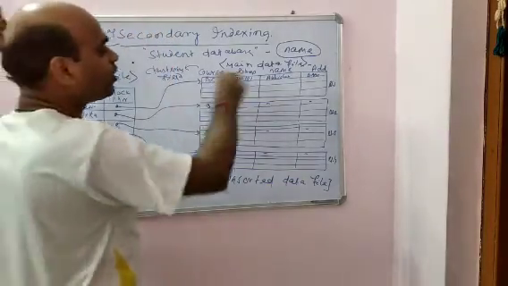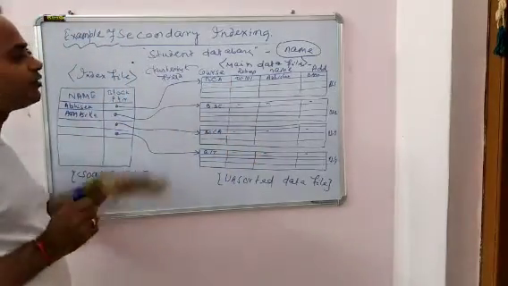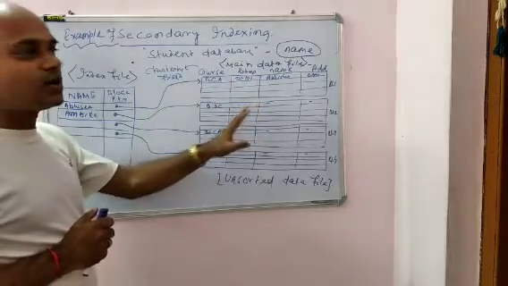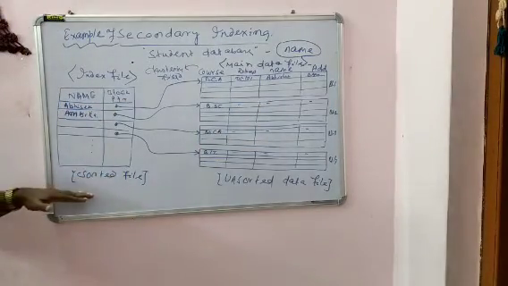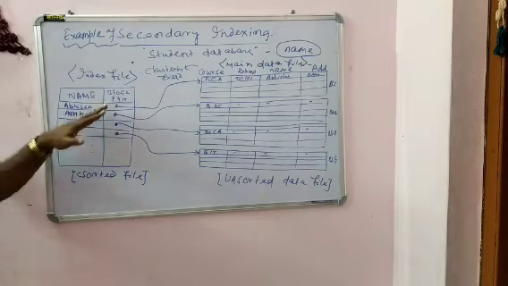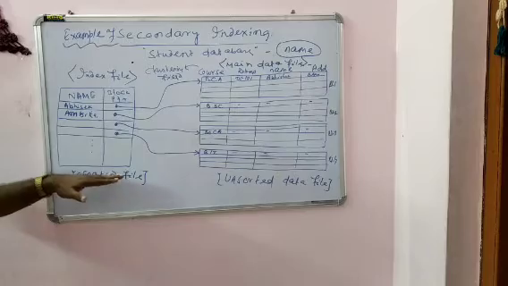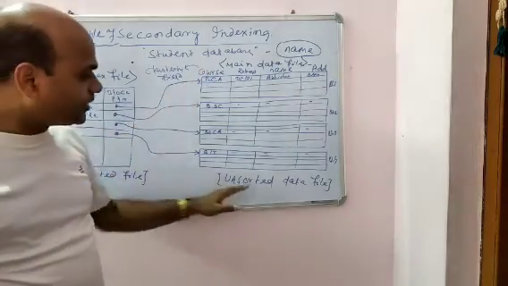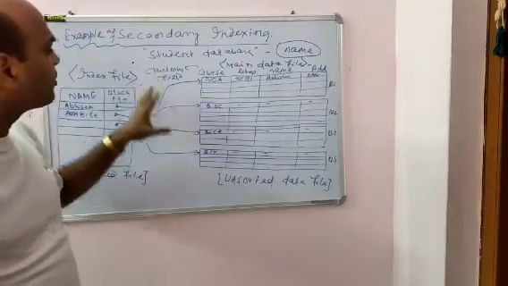We can store all records course-wise, and according to name you can create the records in the index file. So the index file is sorted according to name, but the data file is not required to be sorted. It may be unsorted, but there is a cluster field.